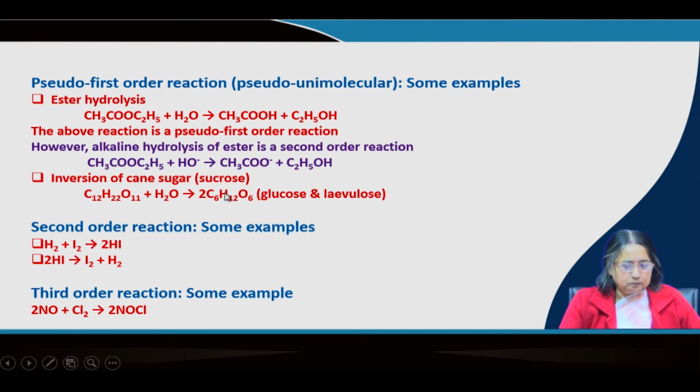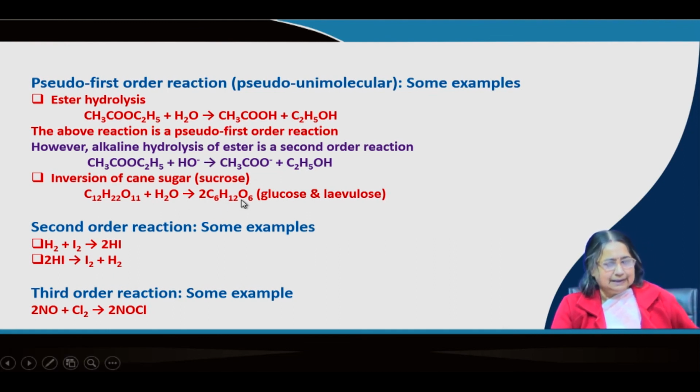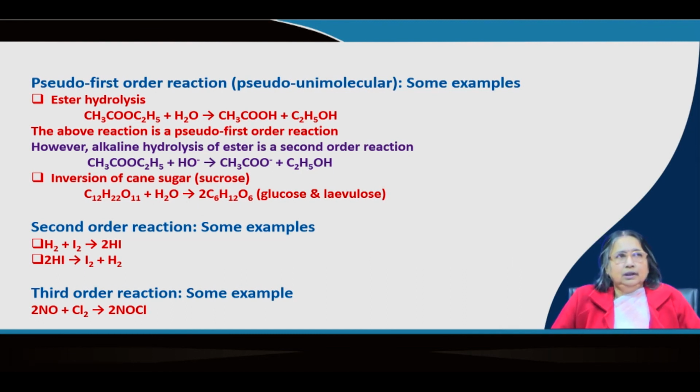Now, this is another important reaction, the inversion of cane sugar. You know cane sugar is sucrose. By polarimeter you can measure the optical rotation. You may not be very familiar, but chemistry people are very familiar with this reaction.